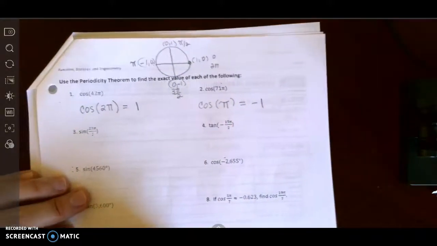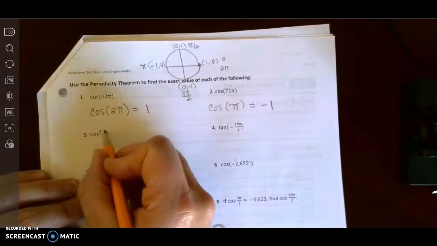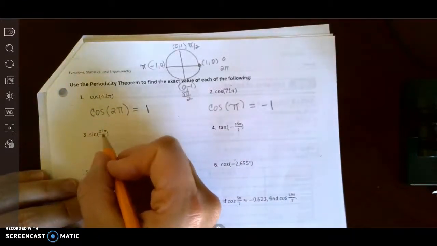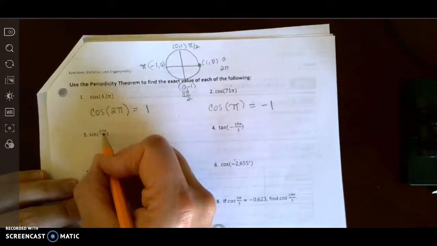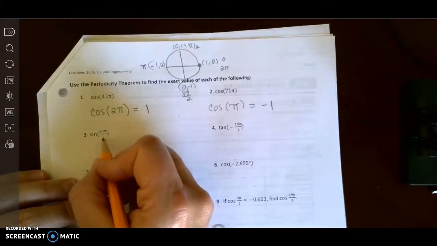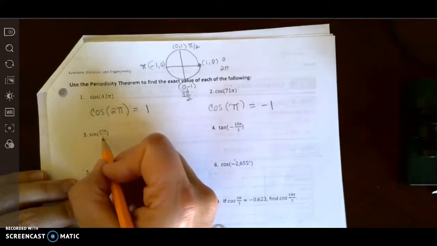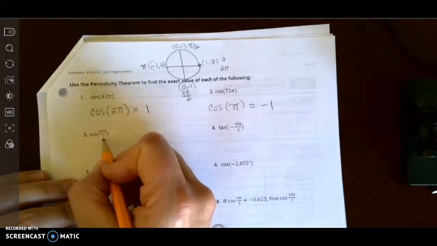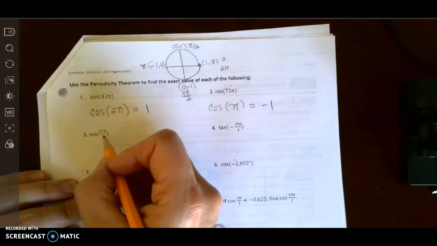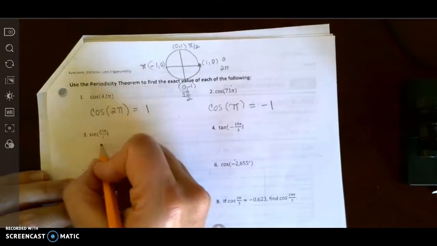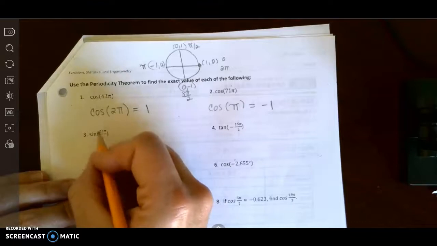Let's look at number 3, the sine of 23 pi over 2. All right, I need to think about where 23 pi over 2 would be. So first I think about what is 23 divided by 2. 23 divided by 2 is 11.5 pi.